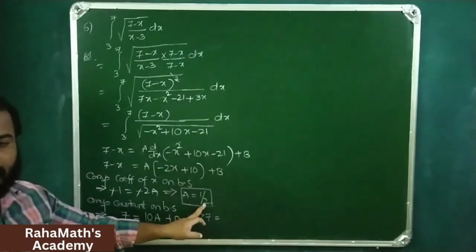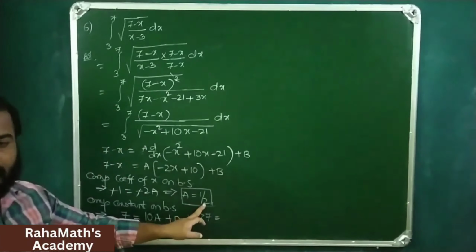So that implies integral 3 to 7, 7 minus x is 1 by 2 into minus 2x plus 10 plus 2, by square root of the same minus x square plus 10x minus 21 dx.